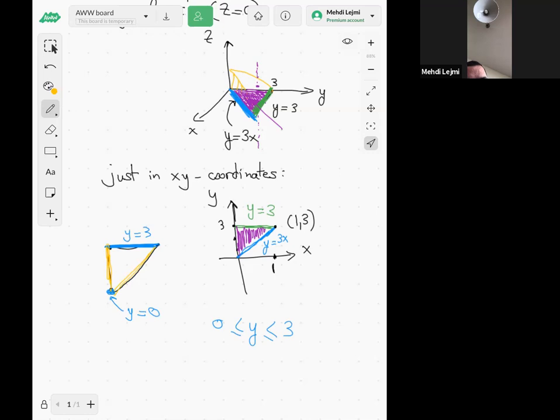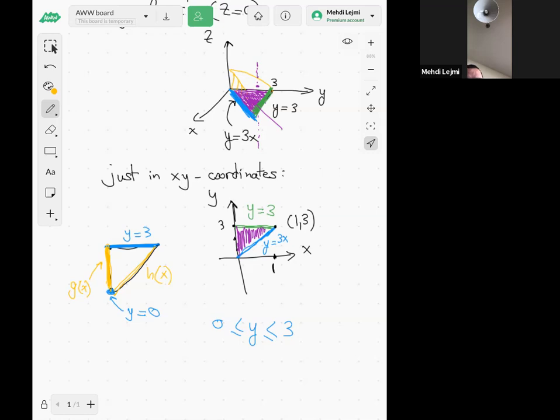So let's say this is G of X, and this is H of X. Sorry, it's g of y. Now we need the functions of y.